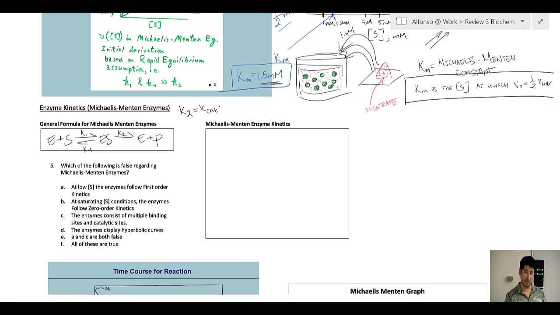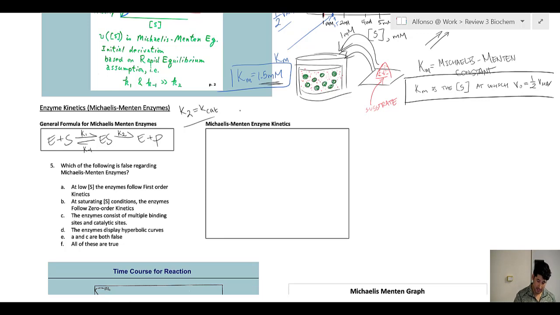I say essentially because there are some stipulations when these two things aren't equal, but I've never seen an example where they're not equal. Okay, for the most part, K2 is equal to Kcat. I've never heard of a single situation where this wasn't true. So take that as you will.